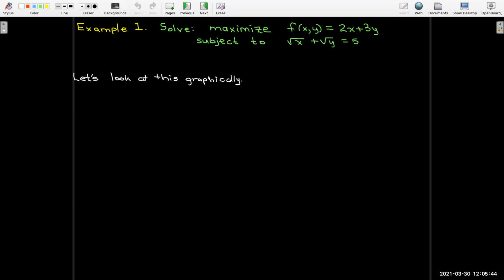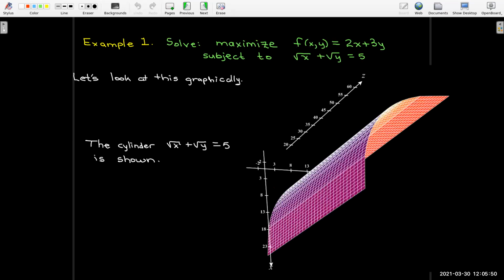Well, let's go back to our graphical view of this method. Our constraint equation is a cylinder. Now remember, a cylinder for us doesn't mean a circular cylinder. It just means that we have essentially something like a folded piece of paper.